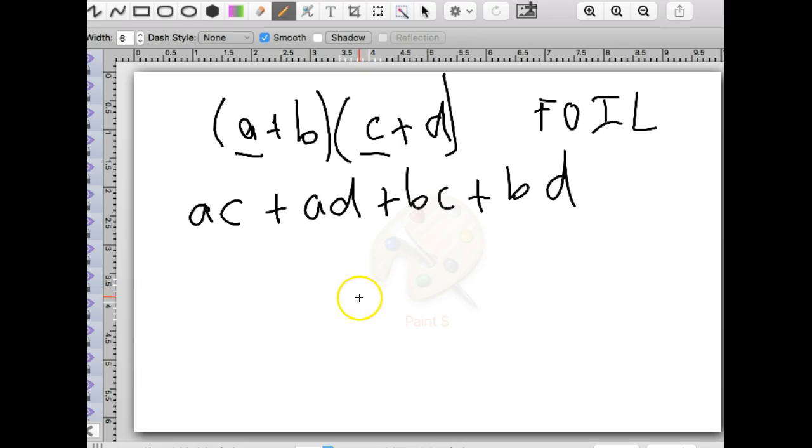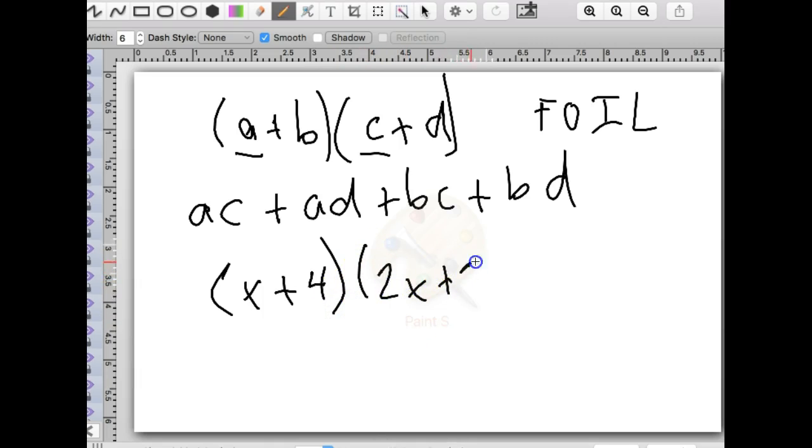So let's do one of the examples here. Let's just say we had (x plus 4) times (2x plus 2). If we apply this, A times C, the first terms of each group, is x times 2x.